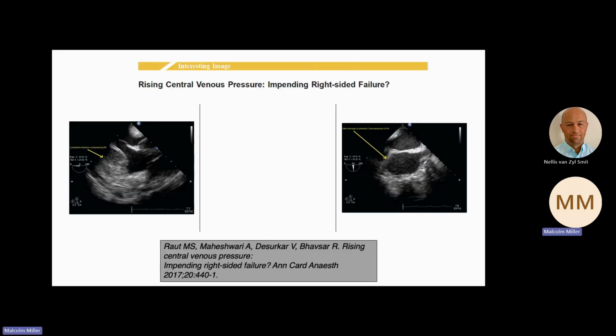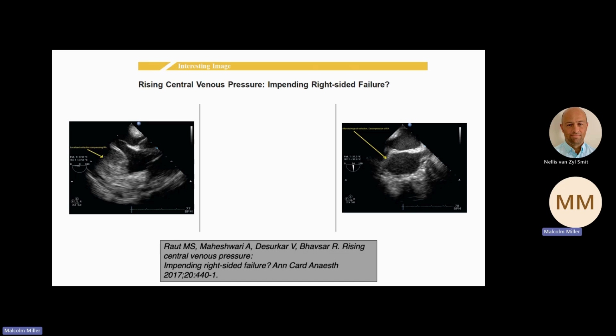I always say that CVP is useful, but it's not for volume status. It's more to tell us when there's a problem with the circulation, particularly when the CVP is elevated or rising. And we see that most commonly in patients who've had cardiac surgery. When the CVP is elevating, we know there's a problem. In the old days, we used to chase the CVP to optimize volume status, or intravascular volume, but that was probably resulting in fluid overload.